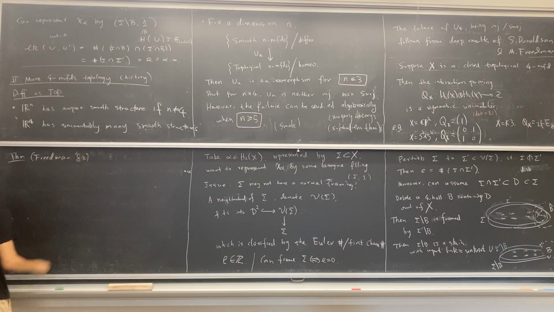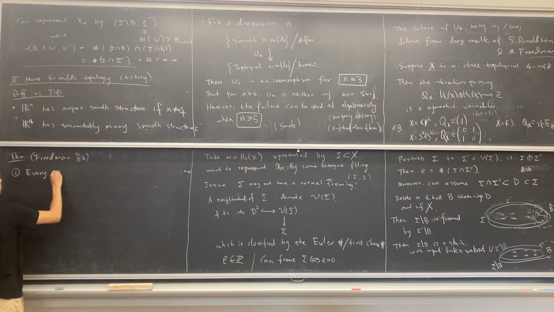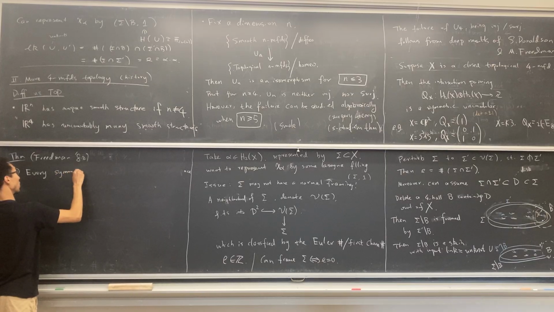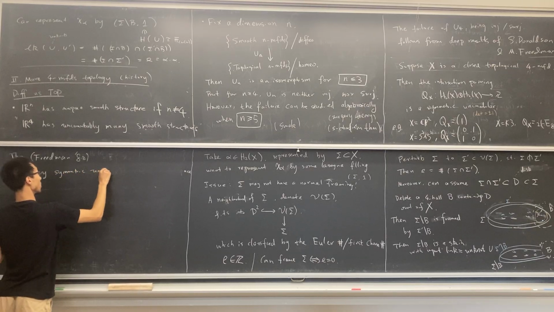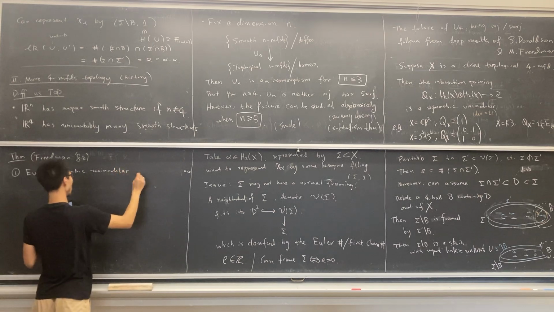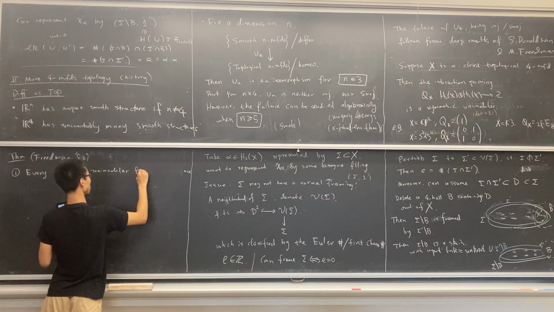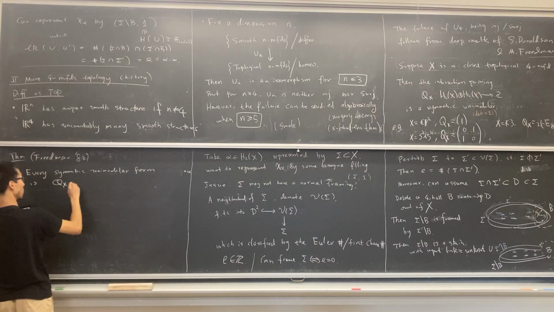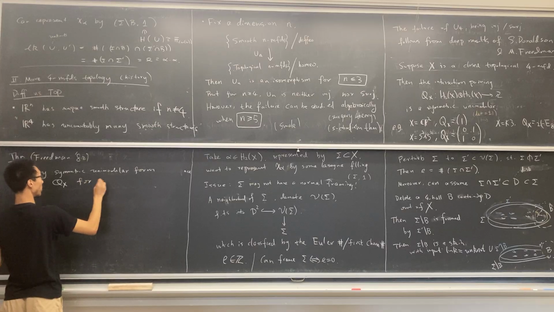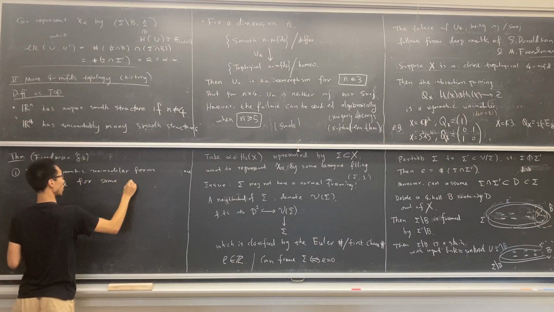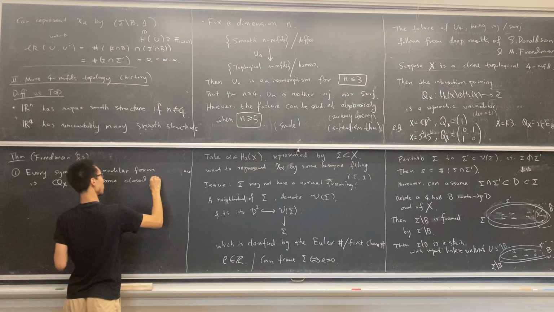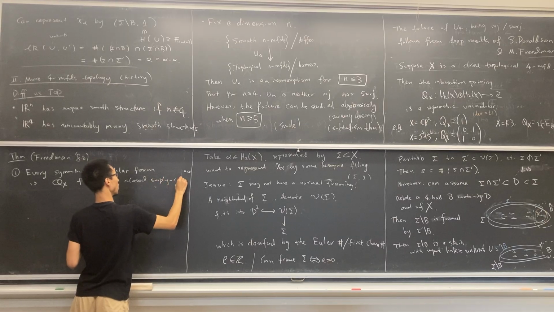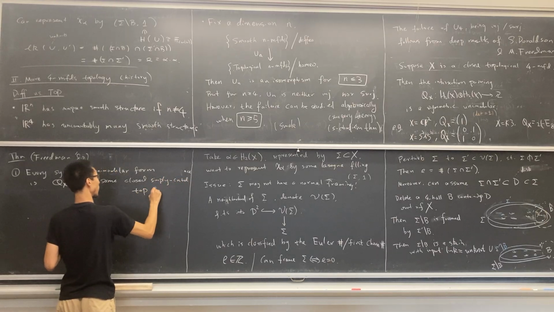For simplicity, I'm not going to state the full version of it, but let me say that every symmetric unimodular form is represented by some closed, simply connected topological four-manifold.